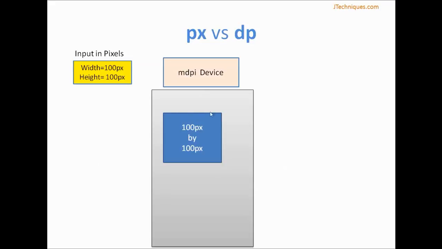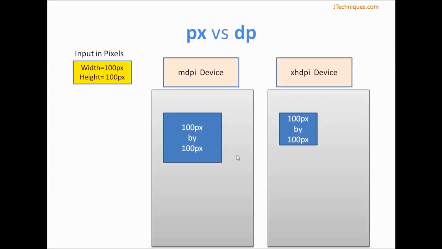It has height of 100 pixel and width of 100 pixel. Same application on a double density device like XHDPI would look something like this. Since the density is high, there are more pixels, so 100 by 100 pixel would look something like this. We can see our app considerably looks shrinked on a bigger device.